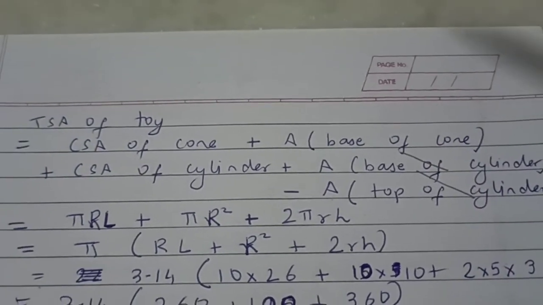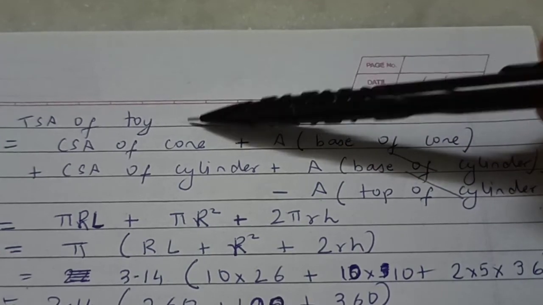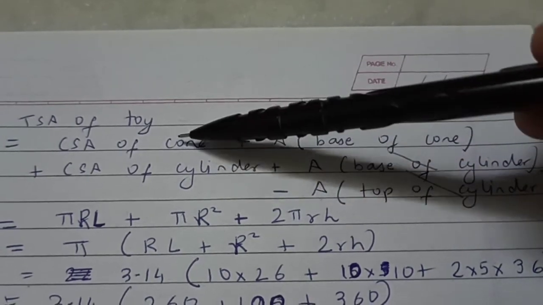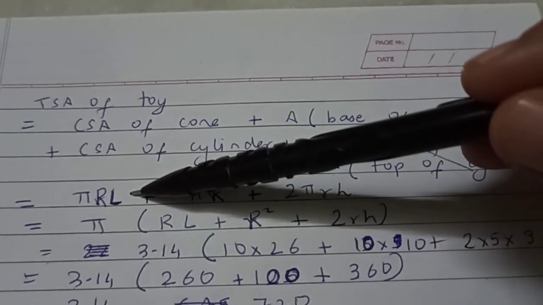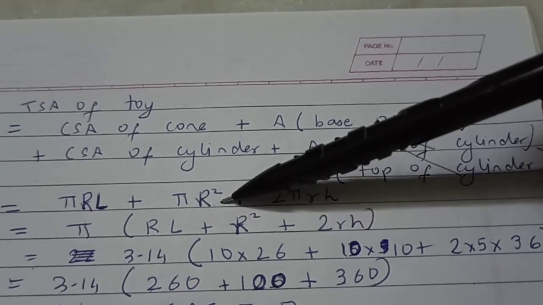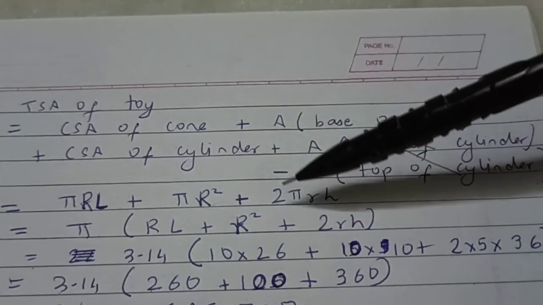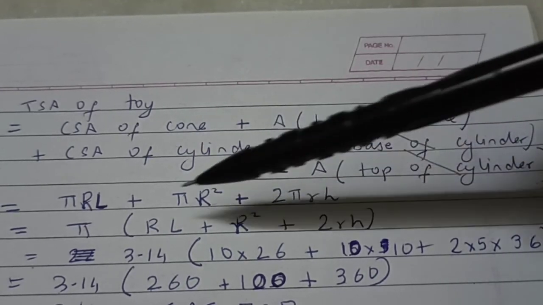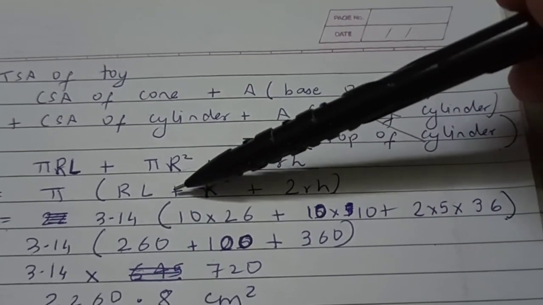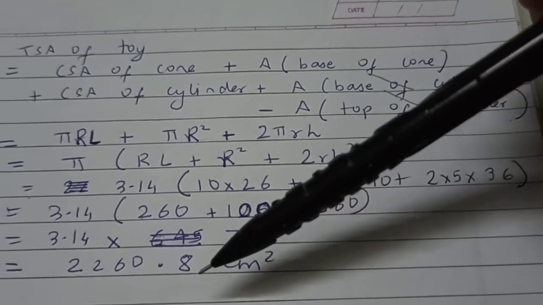So now the only thing left is CSA of cone, area of base of cone, CSA of cylinder. CSA of cone pi RL, area of base of cone pi R square, capital R, remember that. CSA of cylinder 2 pi rh. Remove pi common and the value is given as 3.14. Substitute all other values and solve and you get this as a final answer.